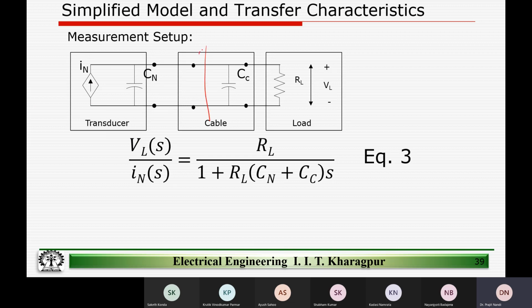Let's say I don't have any of this and I'm applying a force. The piezoelectric crystal is giving us some information in the form of charge, which I am representing as IN. But the problem is, when I'm measuring the information using this kind of a setup, I am consuming some portion of the charge myself.